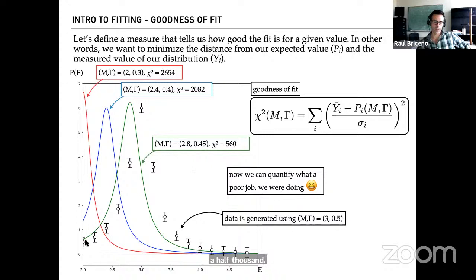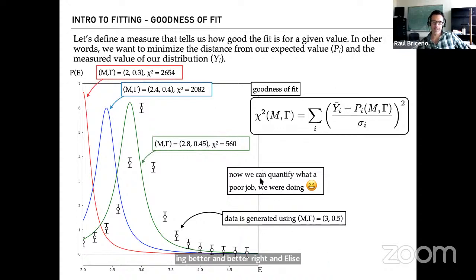Now I then do that for the blue line, right? I do the distance between these guys, distance between these guys divided by uncertainty, and so forth, and I get something a little bit better. 2,000, still awful, right? It's a huge distance. And I do it for the green, and you're seeing this goodness of fit is going from 2,600 to 2,000 to 500. It's getting better and better, right?